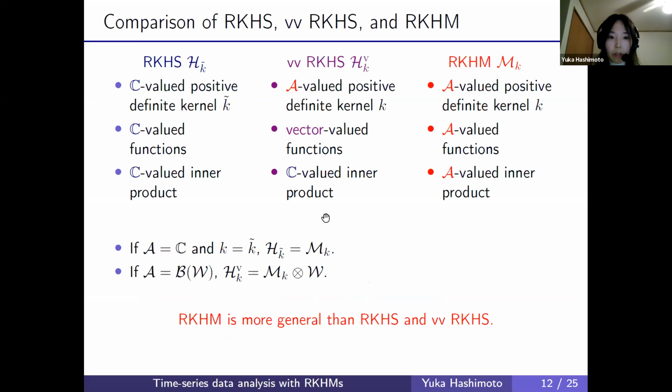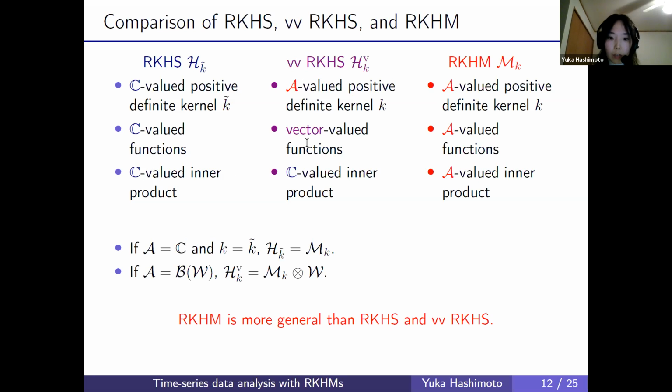Let me summarize the difference among RKHS, VV-RKHS, and RKHM. An RKHS is associated with a complex valued positive definite kernel and composed of complex valued functions. And inner products in RKHS are complex valued. A VV-RKHS is associated with an A-valued positive definite kernel and composed of vector-valued functions.